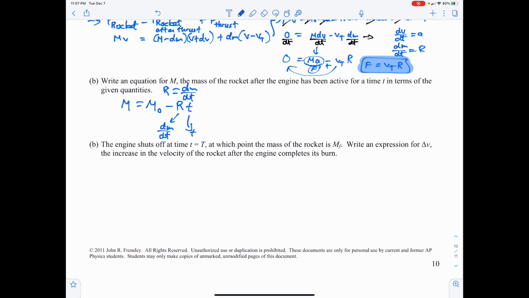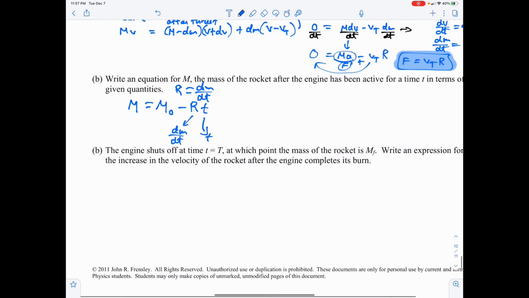Part C. The engine shuts off at t equals big T, at which point the mass of the rocket is M sub f. Write an expression for delta v, the increase in the velocity of the rocket after the engine completes its burn. Okay, I'm going to start off with net force equals ma.